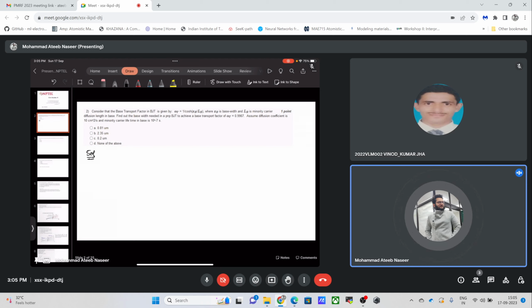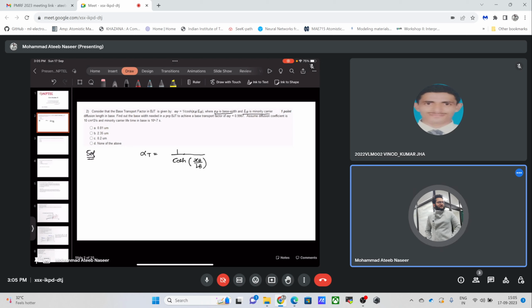It is given by alpha t equal to 1 by cos of xb by lb, where xb is the base width and lb is the minority carrier diffusion length in the base region. We have been told to find the base width in this PNP BJT.